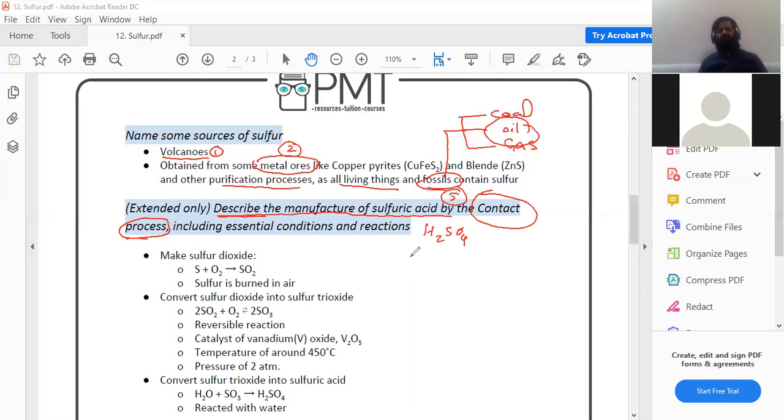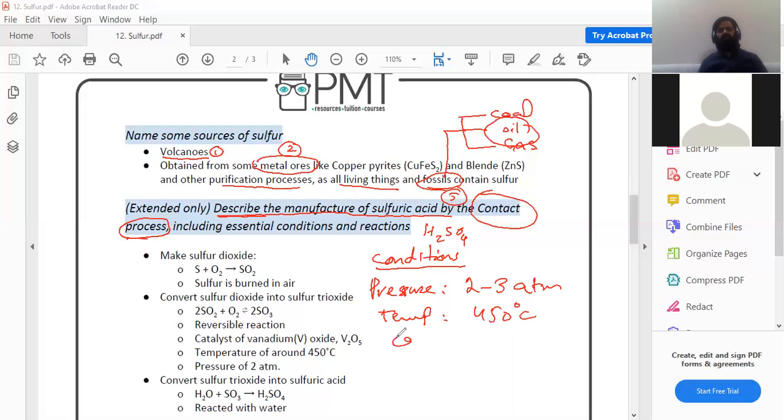And if you do remember, I told you 3 conditions very important in this contact process. What was the pressure? 2 to 3 atmospheres. And temperature? 450 degrees Celsius.